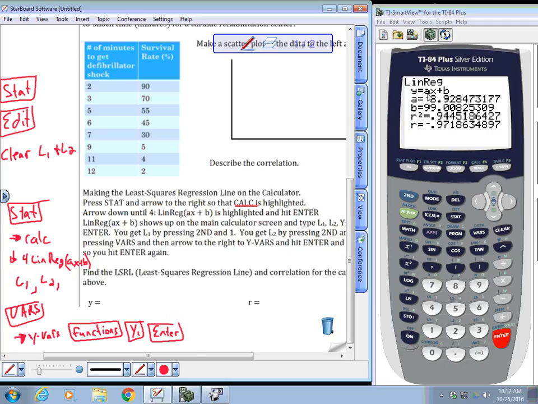We're using y equals ax plus b, but we know that the a value is the slope. The a value is given, the b value is given, and the r value represents the correlation coefficient.